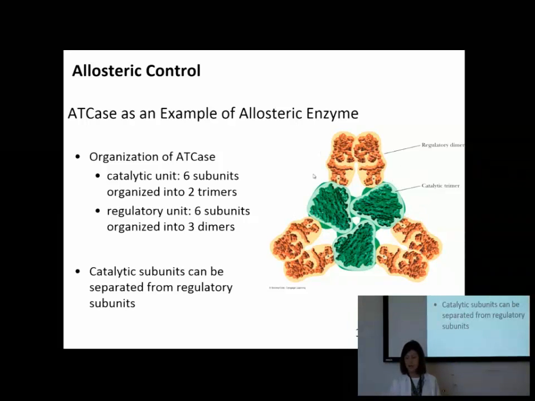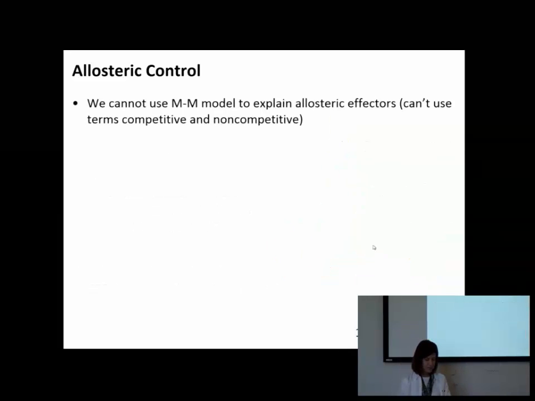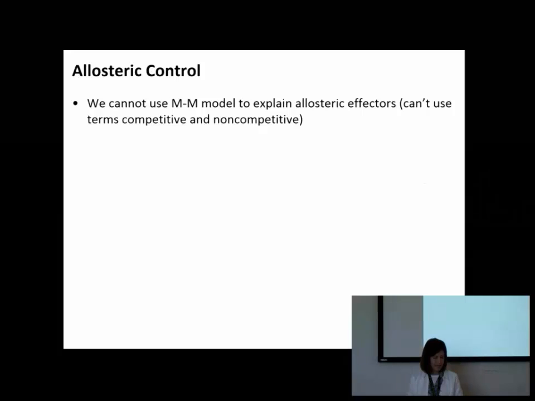All right, so here's where the weird stuff comes in. Since these allosteric enzymes can't be explained by the Michaelis-Menten model, we can't use the terms competitive and non-competitive. So we're going to have parallel terms. We're going to use a term that is parallel to Km. We call it the K0.5.